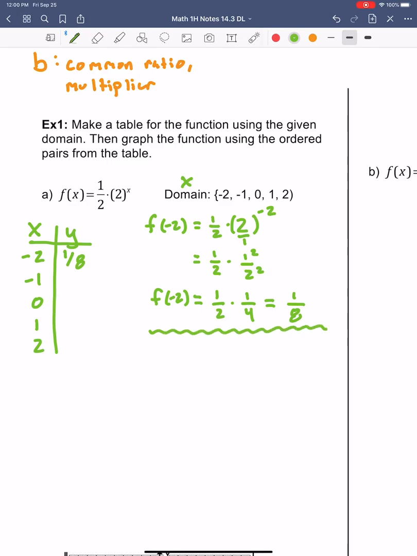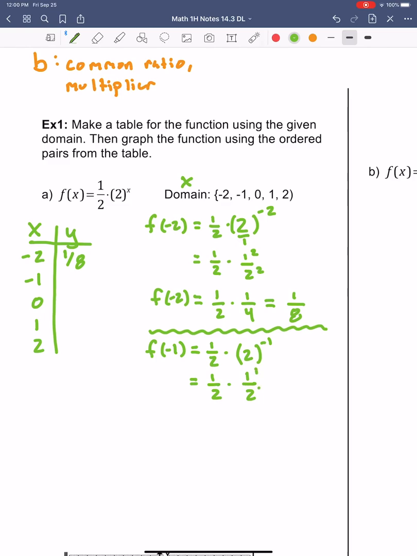This time I'm looking for f of negative 1. So we'll go ahead and plug that in here. I'm going to have 1/2 times 2 to the negative 1 power. Okay, so we got a negative exponent. So once again, I'm going to have to flip that. Instead of 2 over 1, I'm going to make this 1 over 2.